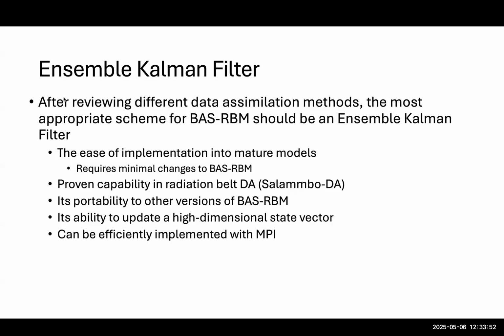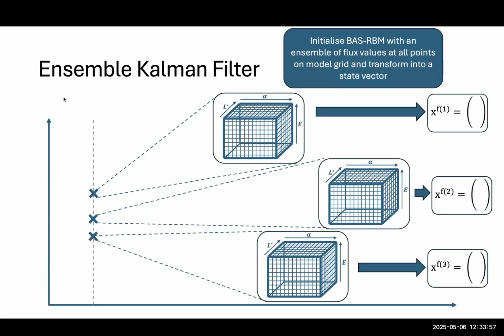So yeah, I've got a few slides just briefly talking about what an ensemble Kalman filter does, although I suspect everyone knows. For BAS RBM, we initialize an ensemble of flux values at all points on the model grid. That's electron flux at every L star, energy, pitch angle in these crosses, and transform it into a one-dimensional vector, and do that for every ensemble member.